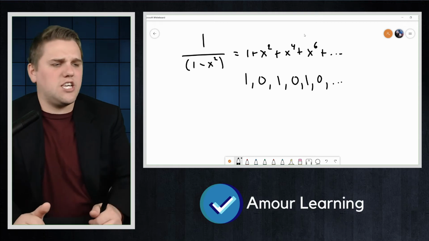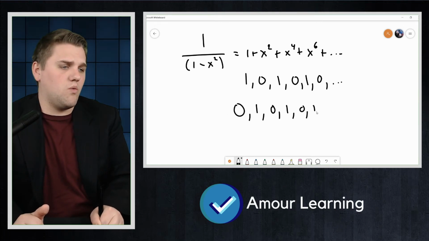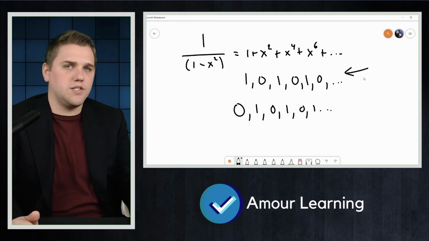So how could we get the sequence 0, 1, 0, 1, 0, 1, and so forth when we know the generating function for that sequence?